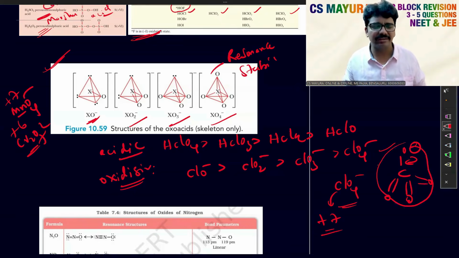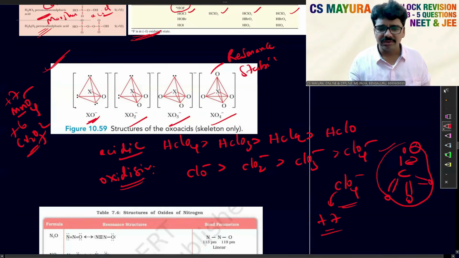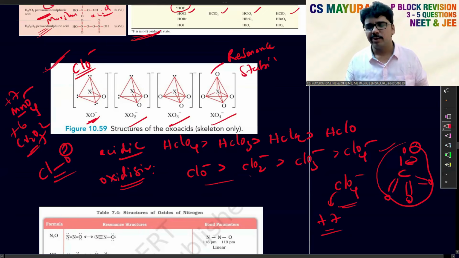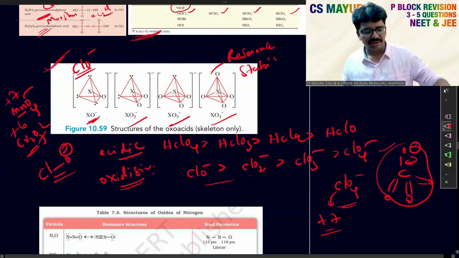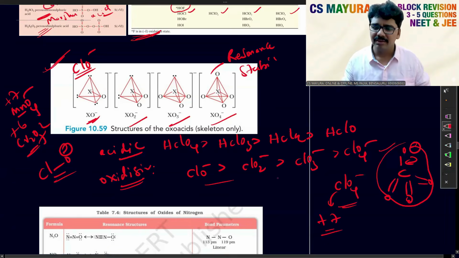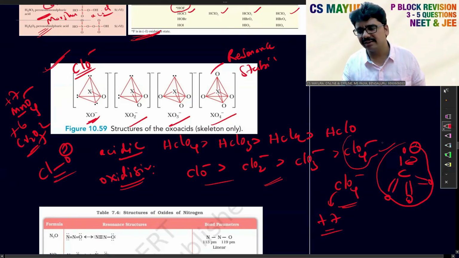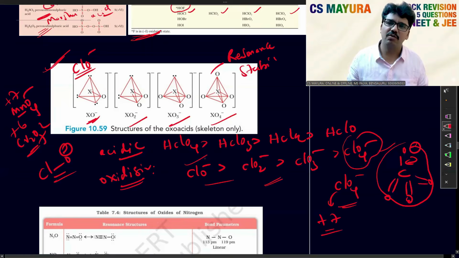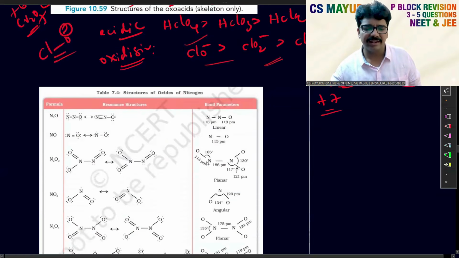So ClO4- is stable. Among these, ClO- is unstable, it does not have resonance. That's why it is a strong oxidizing agent. Remember, in all other cases the compound with higher oxidation state acts as a strong oxidizing agent, but here an exception is there. Due to resonance stabilization, ClO4- is a weak oxidizing agent and ClO- is a strong oxidizing agent.